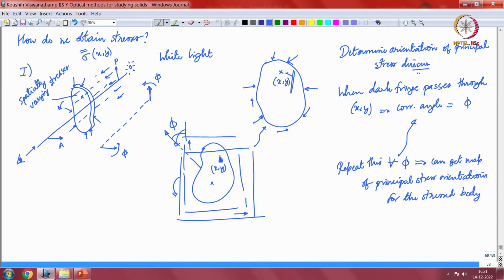So, now at every point you know in what direction the principal stress direction is, you know how it is pointing. Okay, so that is the first step. If you have done that step, then you have gone through half the problem.